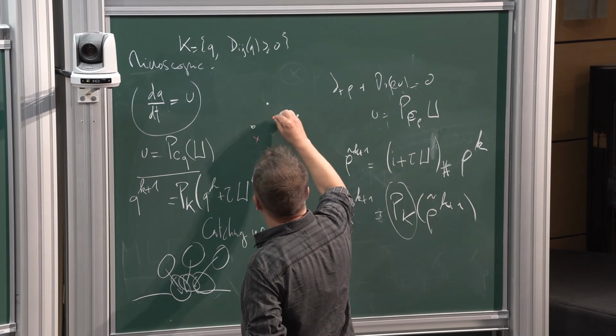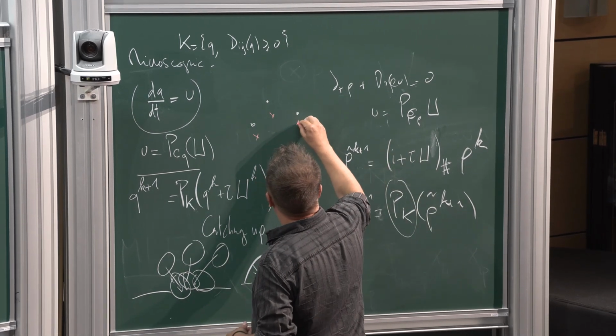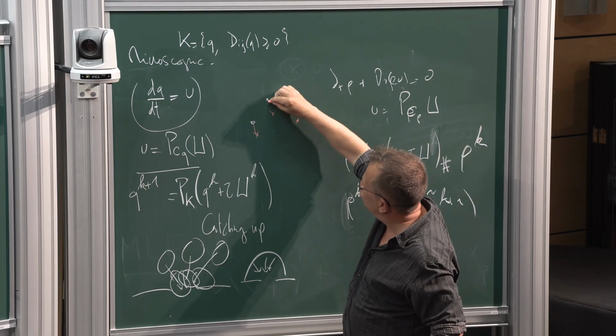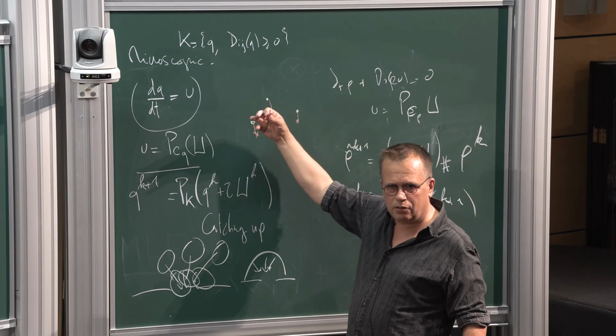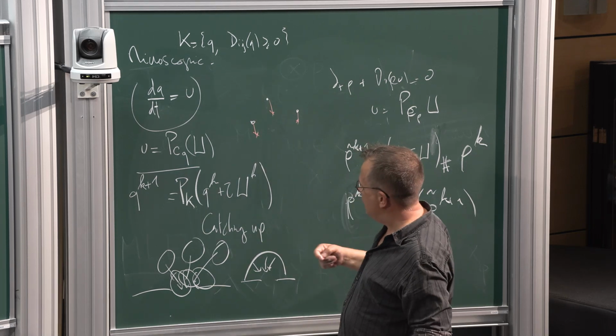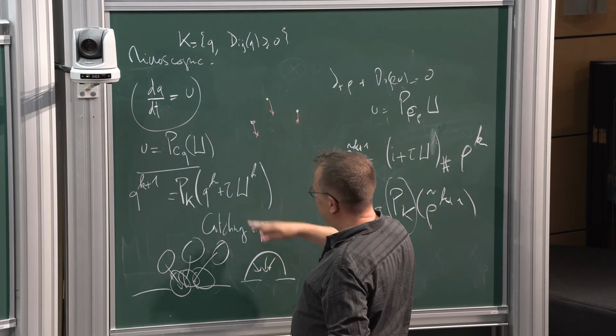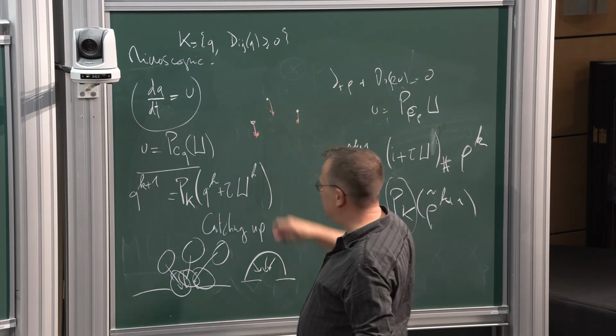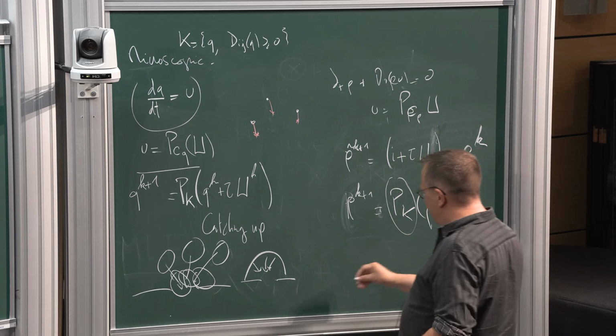If I have two configurations, this one goes here. The difference between those two is just this distance squared, this distance squared, this distance squared, and you take the square root. So it's considered like a Lagrangian displacement.